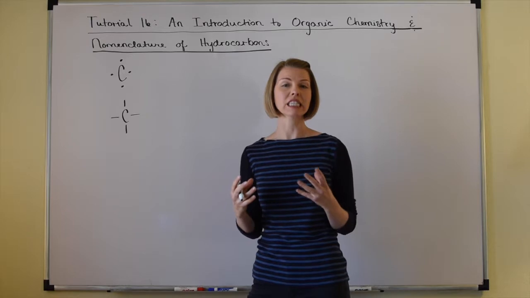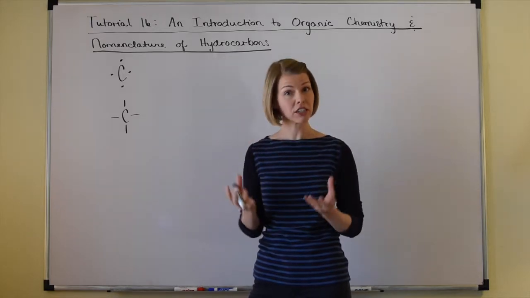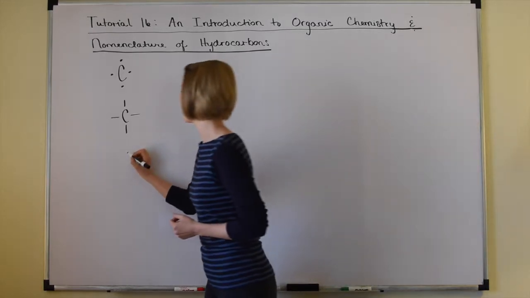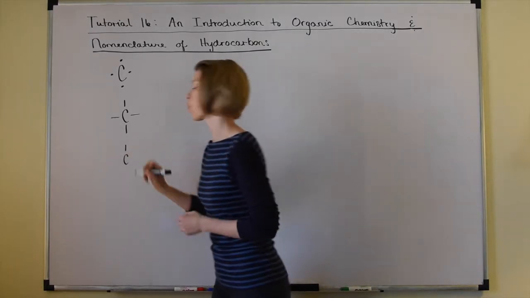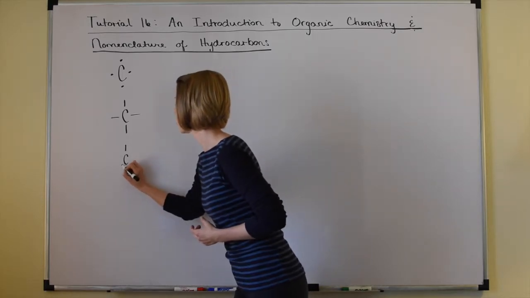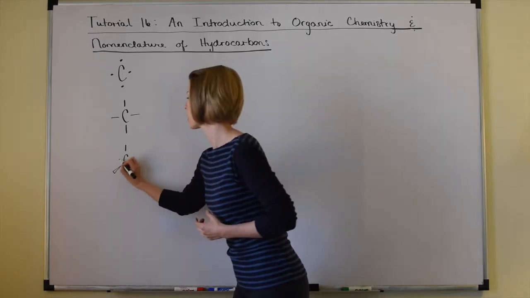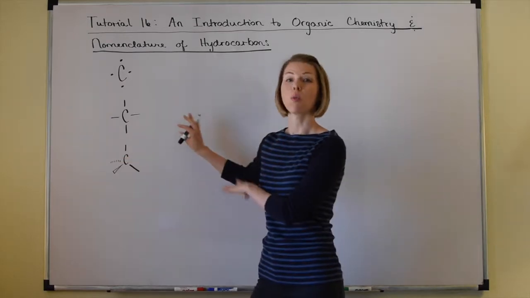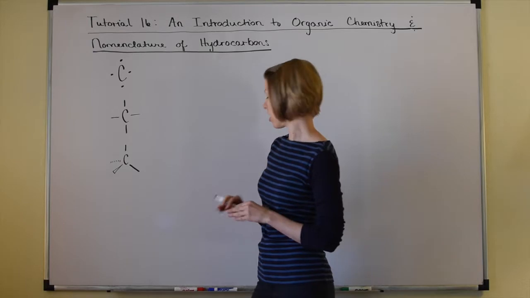And the maximum distance apart that they can get in three-dimensional space is 109.5 degrees. So I'm going to go ahead and redraw this to show that 109.5 degree bond angle, which means that this bond would be coming out at us and this last bond would be going away from us into the plane of the whiteboard.